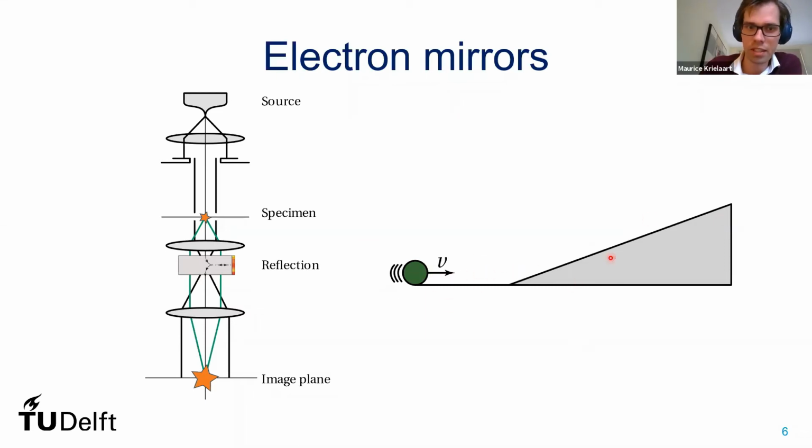Electrically speaking, the equivalent is just an electrode standing at the rear here, which has a more negative potential than the kinetic energy of your particle. And as your marble goes up the slope, at some point it will lose all its energy, reflect, go down again and continue its path where it came from.